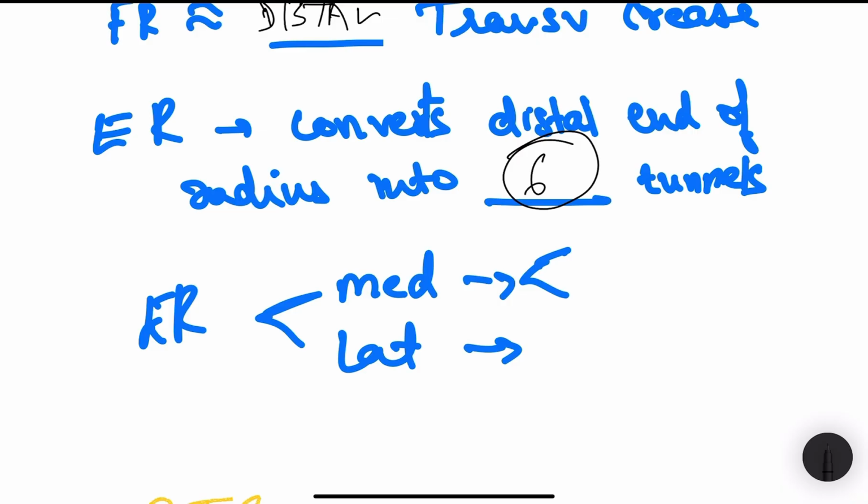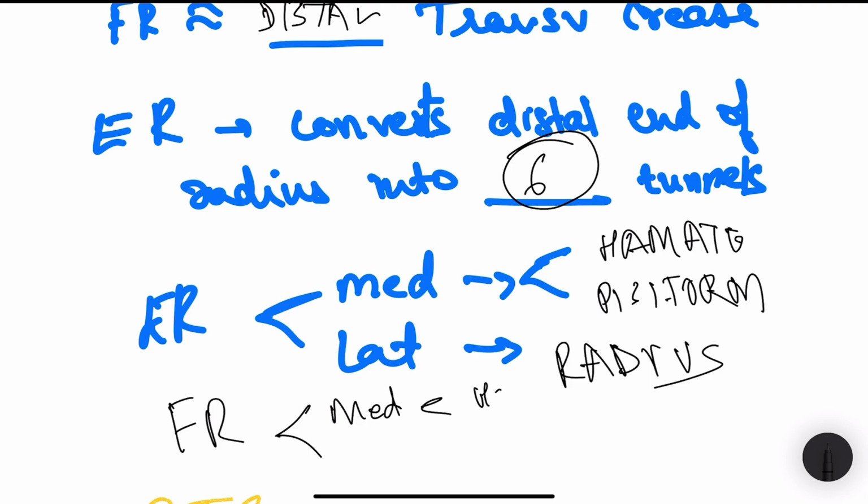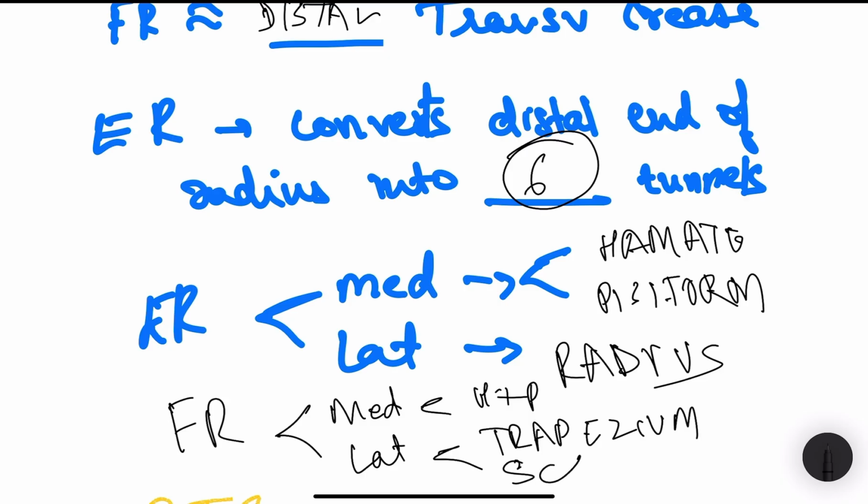Extensor retinaculum medially is attached to obviously hamate and pisiform, and laterally it is attached to the radius, whereas the flexor retinaculum is medially attached to again hamate plus pisiform, but laterally it is attached to the trapezium and scaphoid.